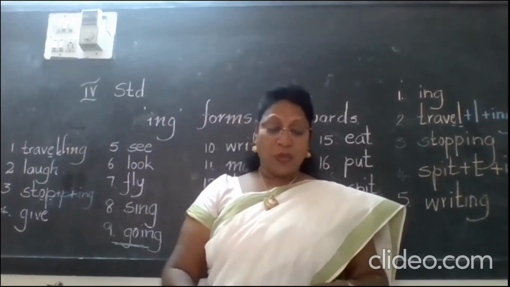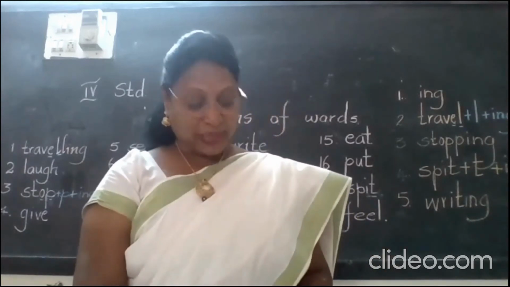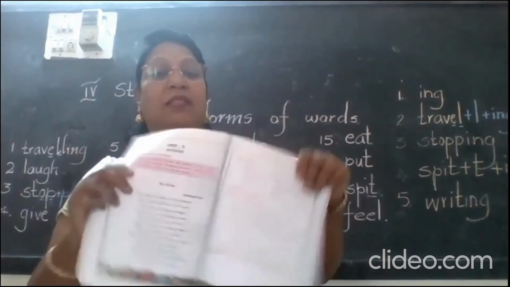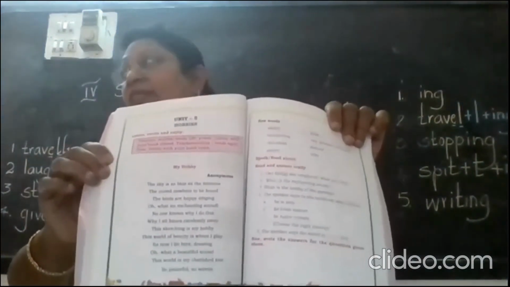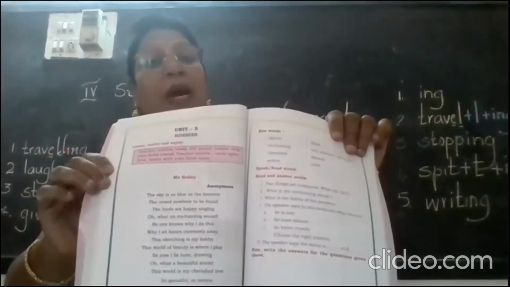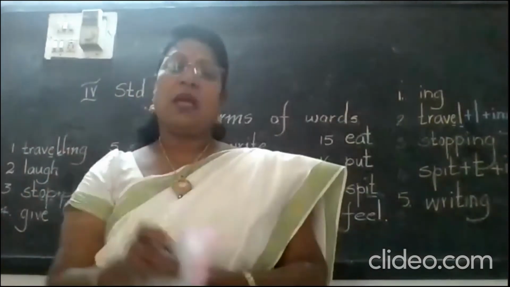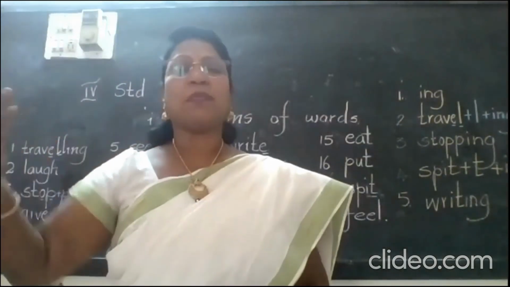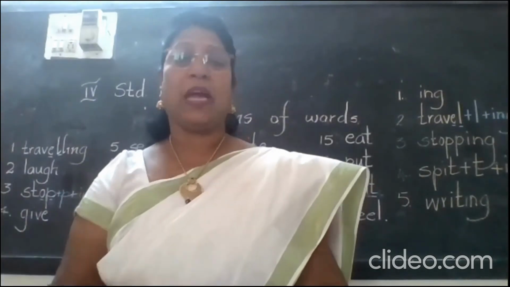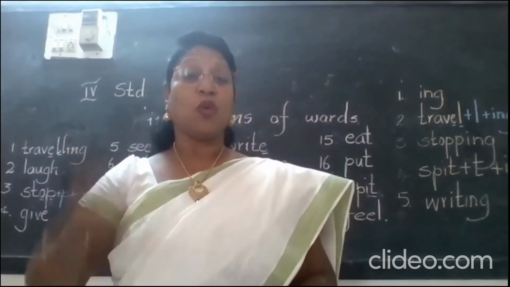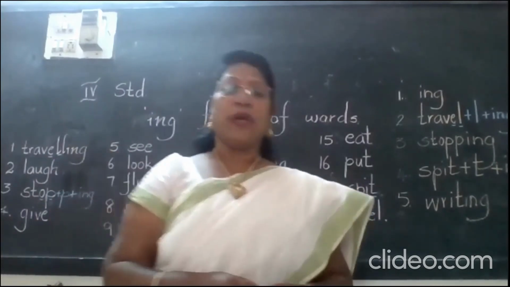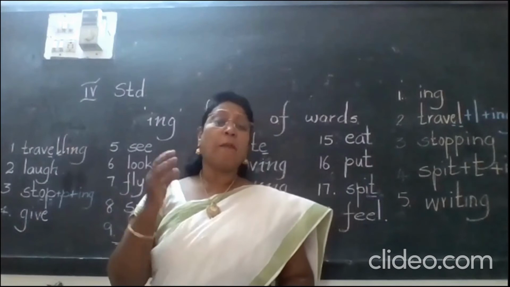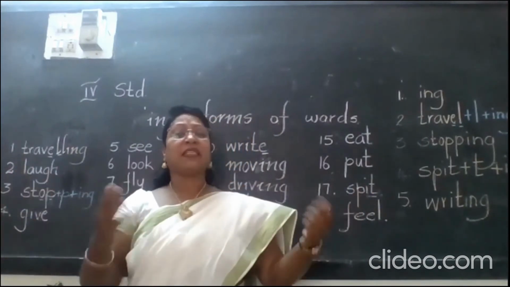Now here on page number 66, there's a poem which talks about hobby, and this is written by Anonymous. Anonymous means it is just passed on from people to people and nobody specifically knows who has written this. But in this poem, it talks about a person who leaves the city.